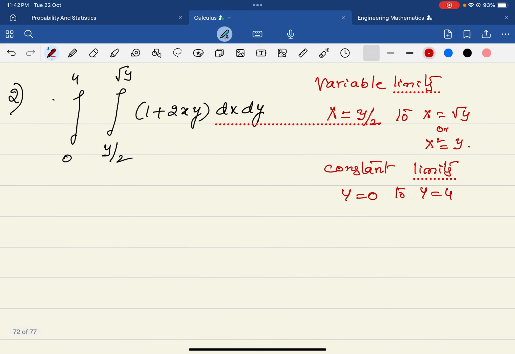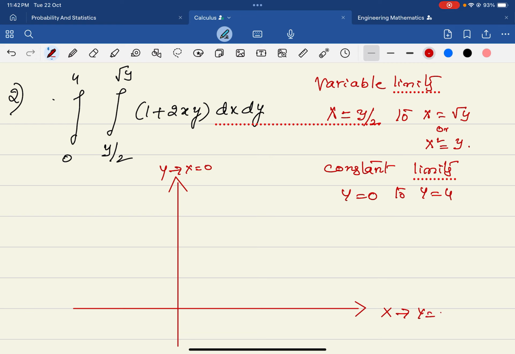Right. Now, let us draw the figure. Again, we need the x-axis, and then you have the y-axis. Y-axis means x is equal to 0. X-axis means y is equal to 0. Now what else we have? We need x equal to y by 2.